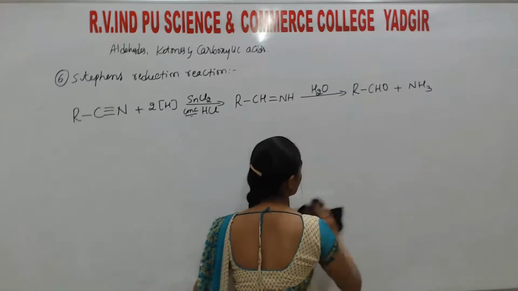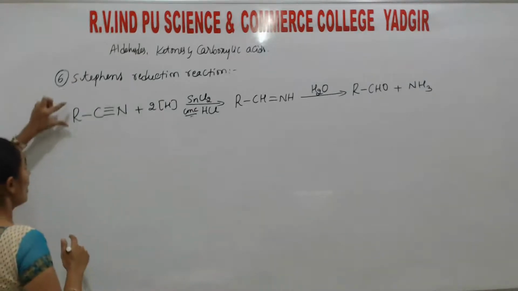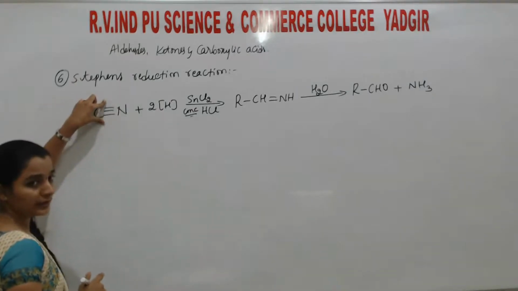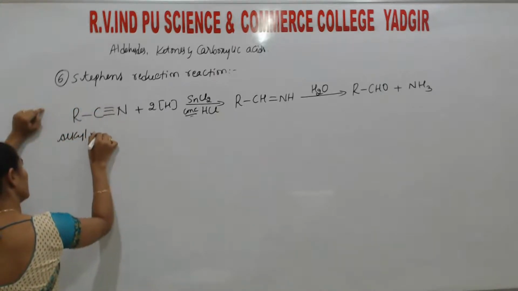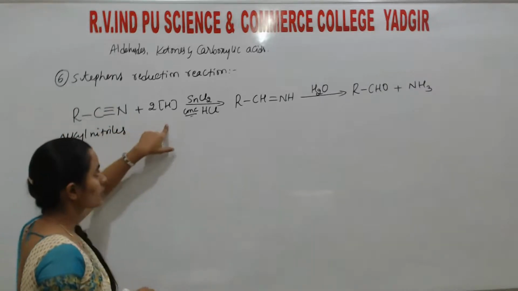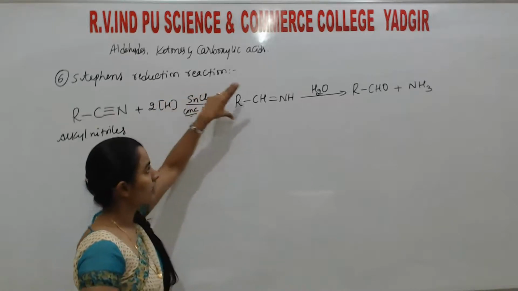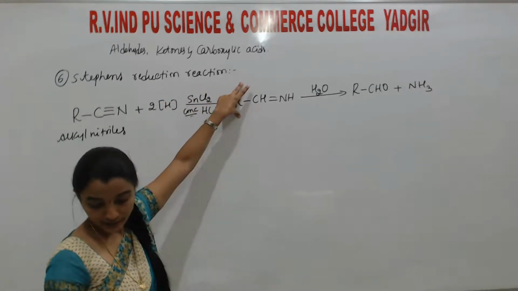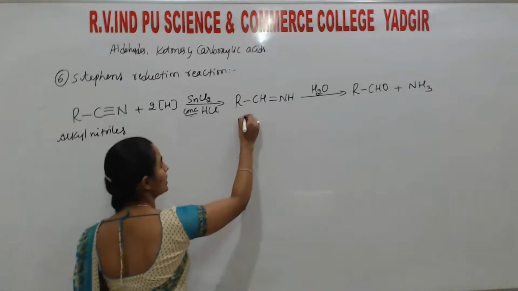Now, how do you write? Of course, this is the general reaction. Alkyl nitriles, okay? Under reduction in presence of stannous chloride gives imines. Of course, these are called imines.